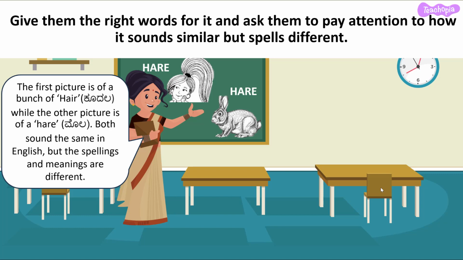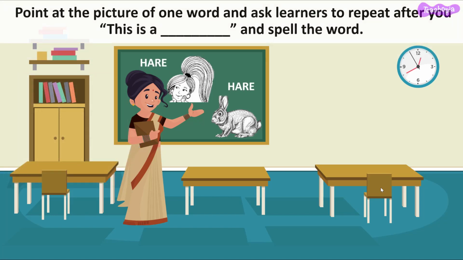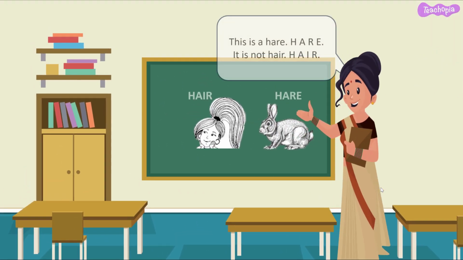Both sound the same in English, but the spellings and meanings are different. To reinforce this concept and help them practice, point and call out each of the words along with their spelling. This is a hare. H-A-R-E.